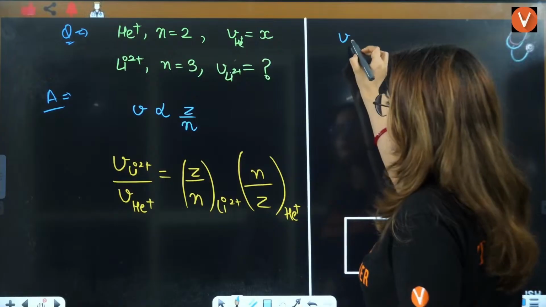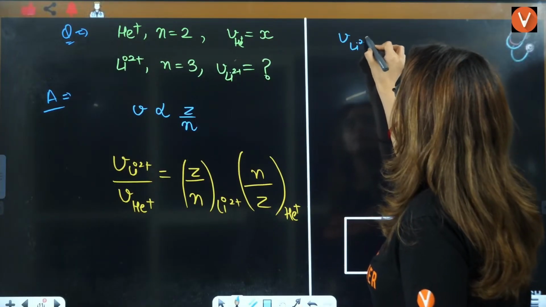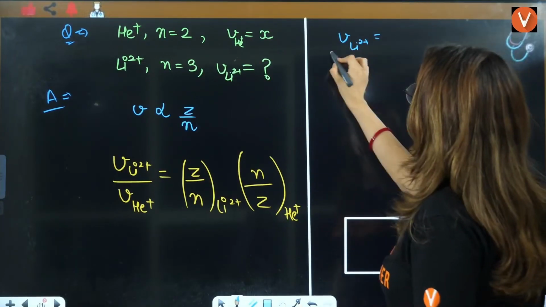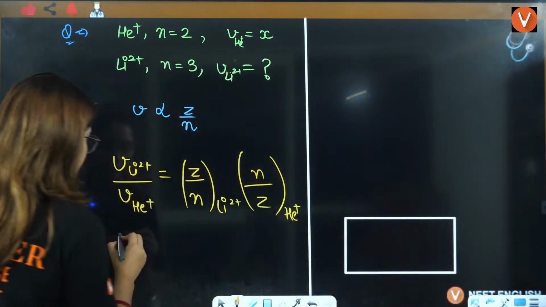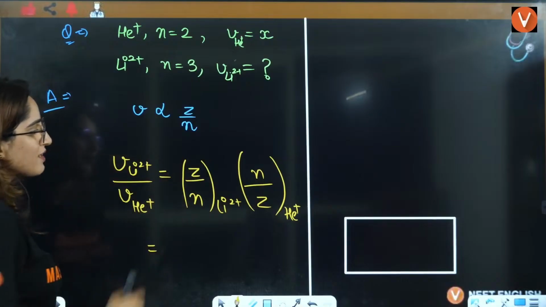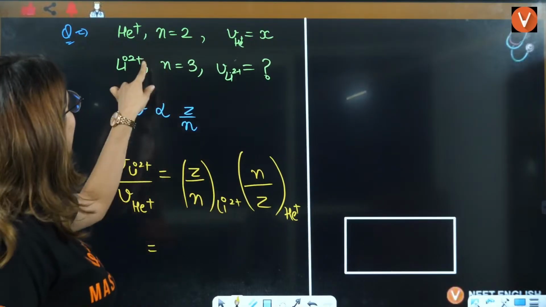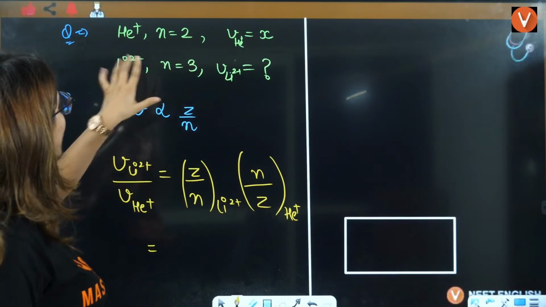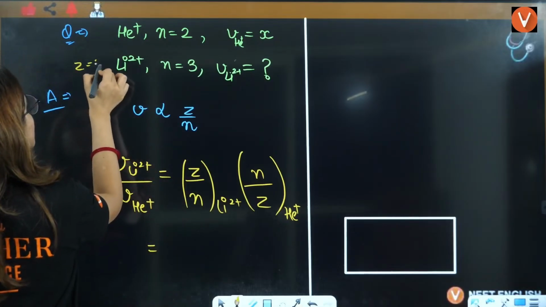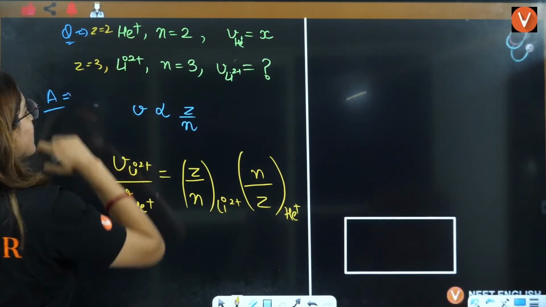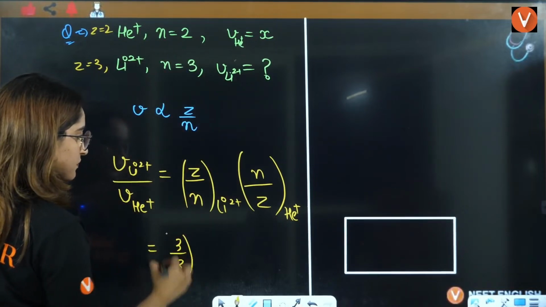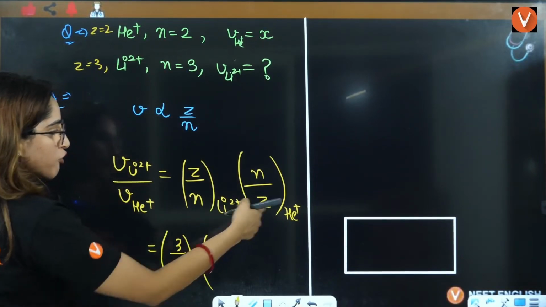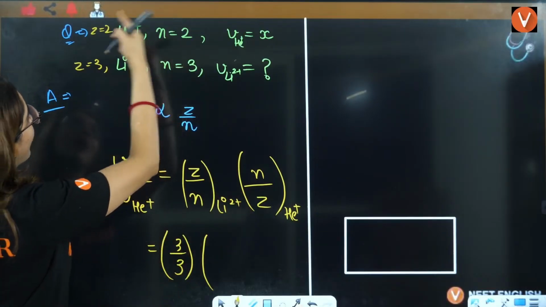What is the velocity of lithium 2 positive is equals to, okay, let's do this. What is Z for lithium 2 positive? Z for lithium 2 positive, we know that Z is equals to 3, here Z is equals to 2. So it is going to be 3 and this is also 3, right? For helium, this is 2 and this is also 2.